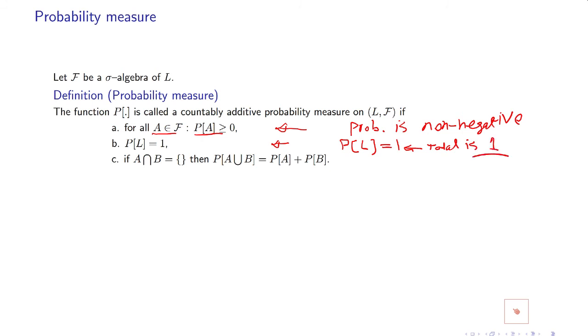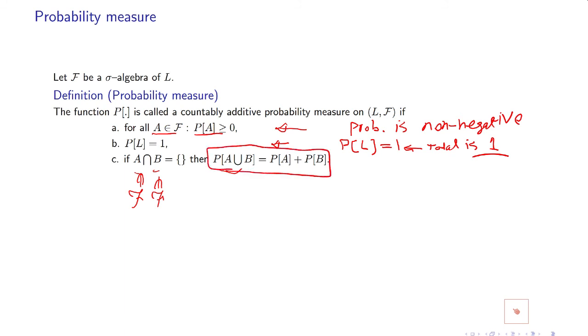And the third property is that if you have any two events, any two sets, both of which are members of your sigma algebra, and remember that if something is not inside your sigma algebra, we don't define the probability for it. In that case, if they are disjoint, then the probability of the union is equal to the sum of the probabilities.